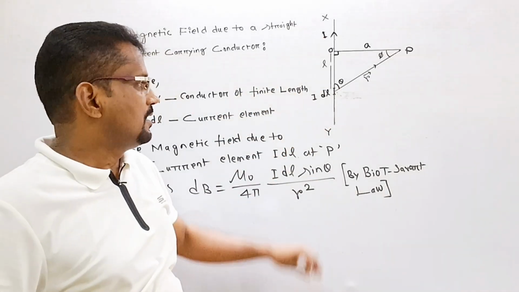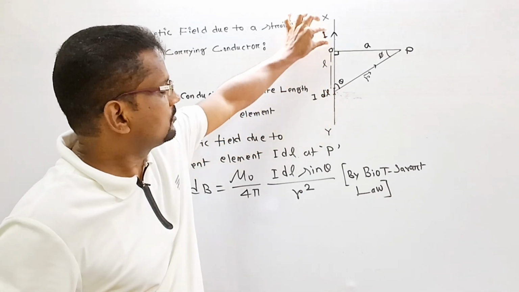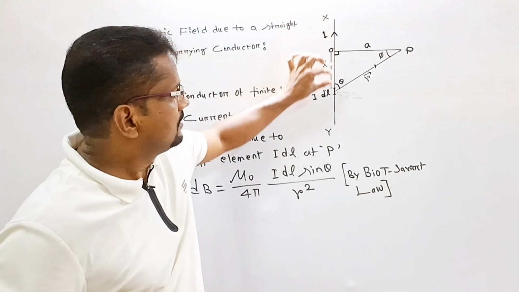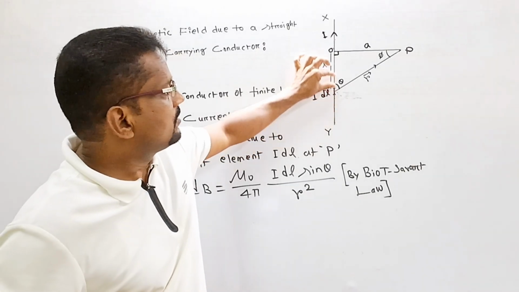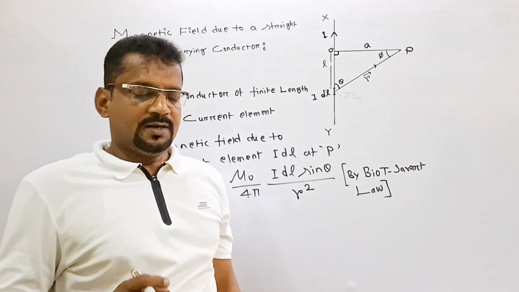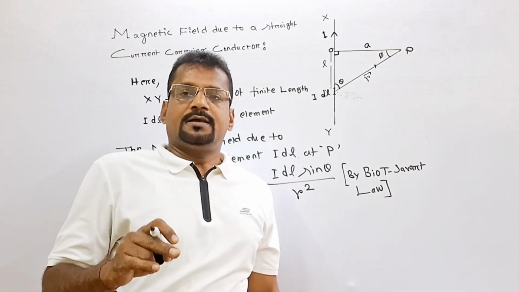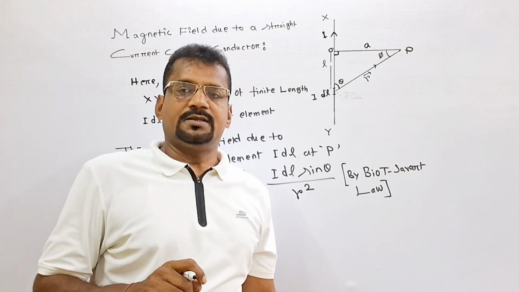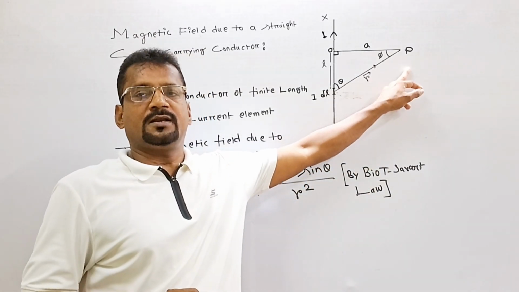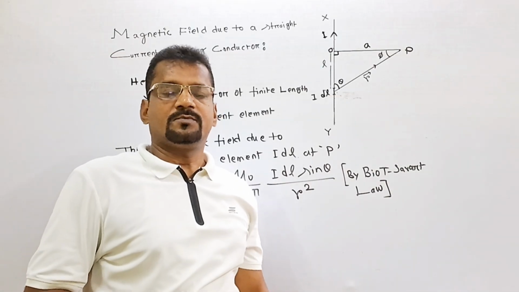That means you can consider the current element throughout the conductor, which is the sum of all these small lengths dl. So simply, if you take the help of integration, you will get the entire magnetic field or total magnetic field due to this conductor.